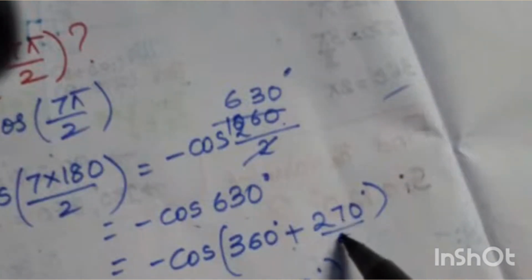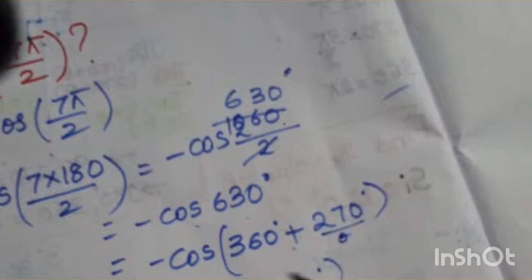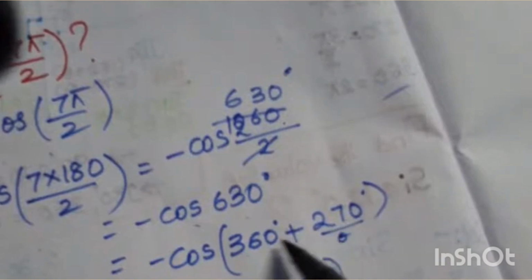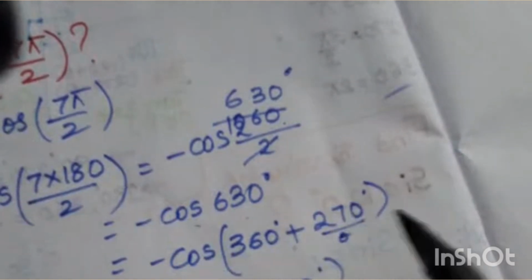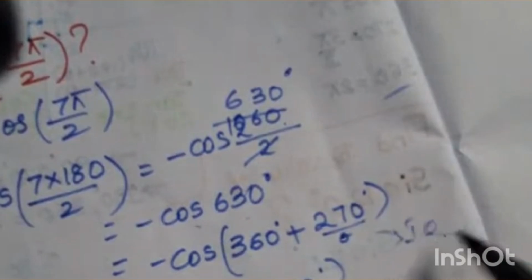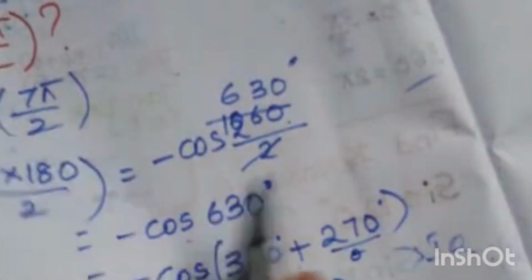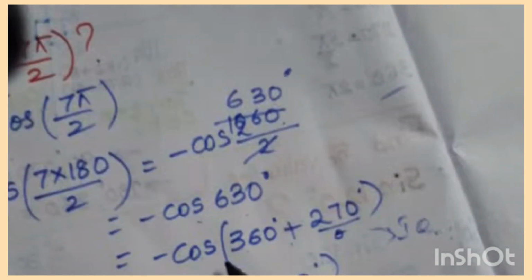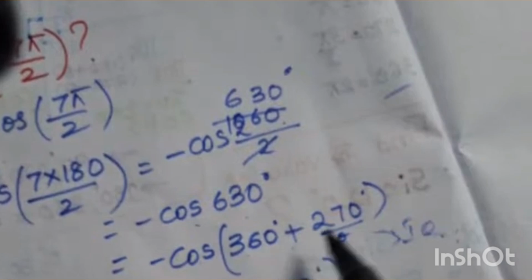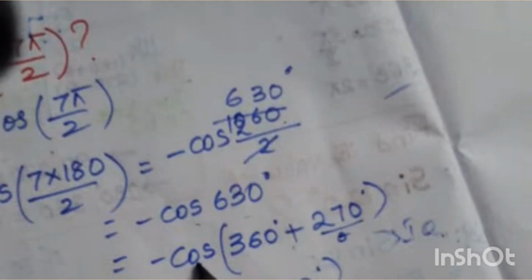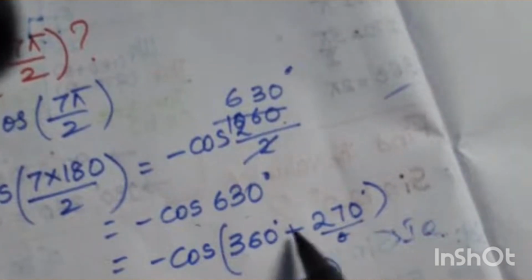We treat 270 as theta, because 360 plus theta is in the first quadrant. For 360, cos has no change, so we write cos as it is, and in the first quadrant it is positive, so minus cos 270.